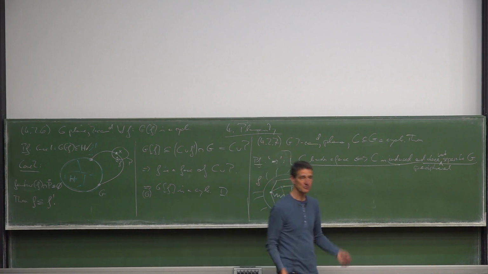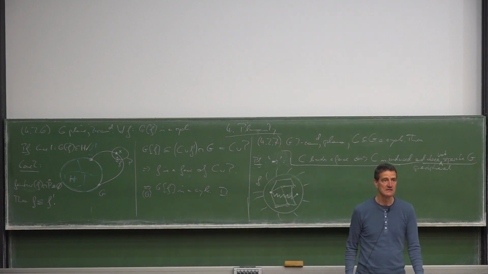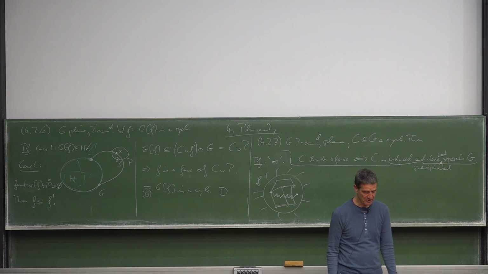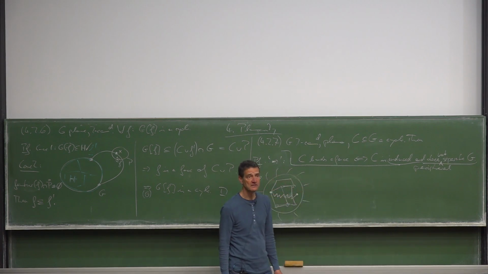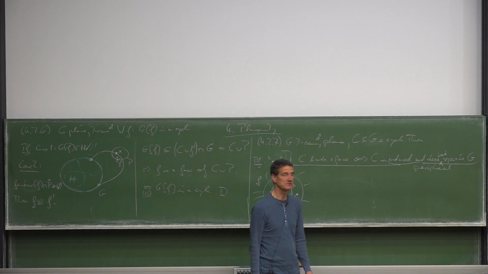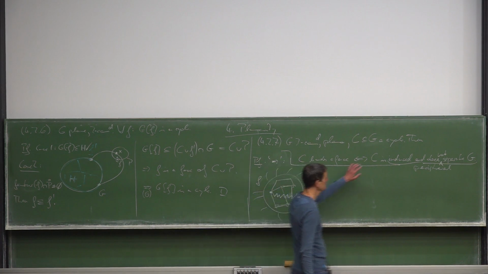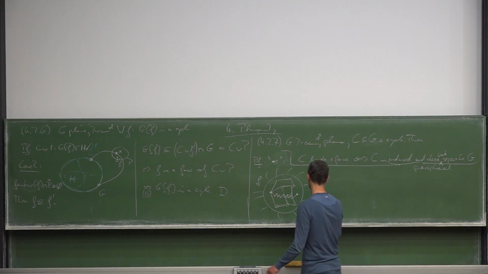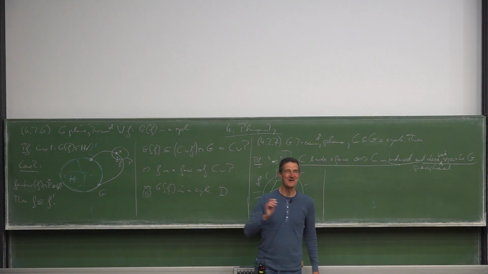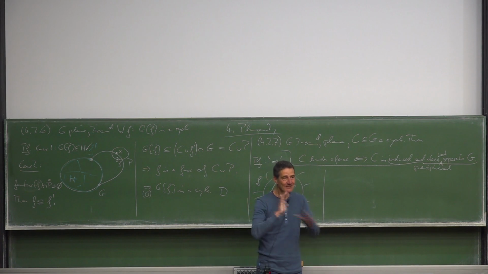So it's possible and easy in elementary topology to convert this arc into a path in G, and that's what we want. We want to show that C doesn't separate the graph. That's the pedestrian proof.